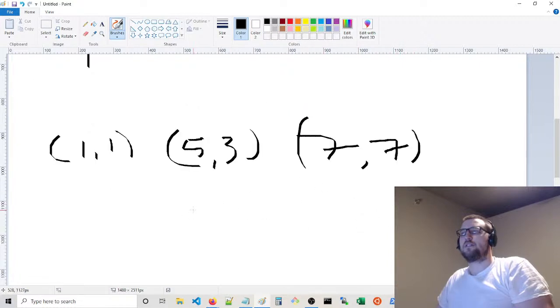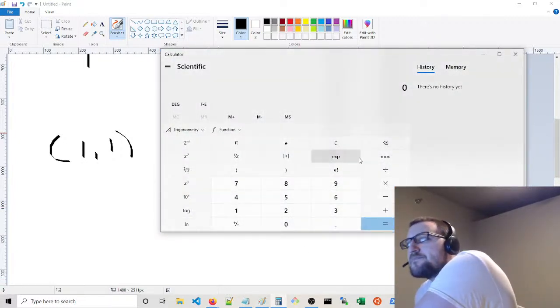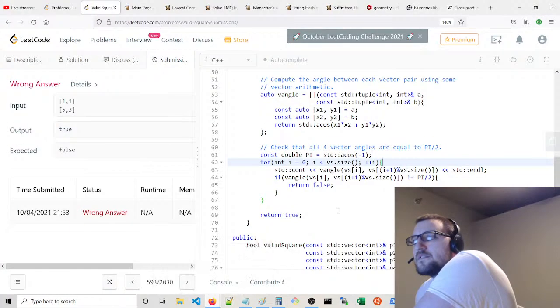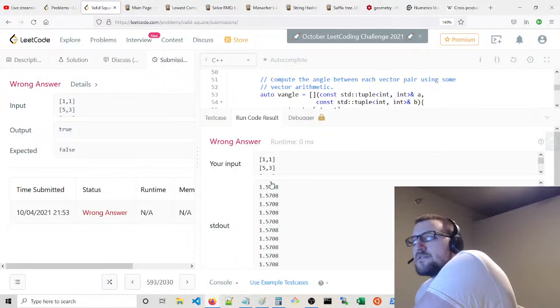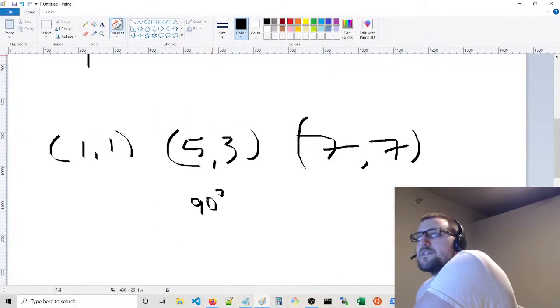This is apparently 90 degrees. Can we take pi over 2? What do we get? 1.5708. Okay. All right, I mean, it's pretty close. So apparently this is 90 degrees, right?